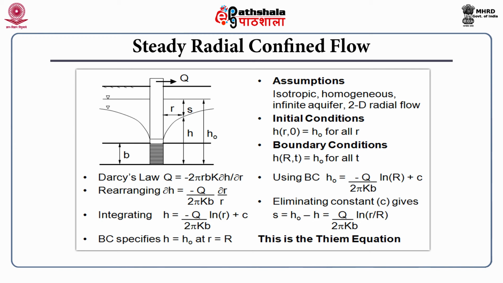In the earlier case it was 2 pi r into h, that is the entire area which was contributing, but here, because the thickness of the confined aquifer is small b, the total area which is contributing to the water flow into this well screen is going to be 2 pi r into b, K dh upon dr. And again, by rearranging and by applying the boundary conditions, we can get this equation representing the drawdown, small s, equal to h naught minus h. This is the difference between the static water level and the pumping water level, and it is going to be equal to Q upon 2 pi K b ln R upon small r.